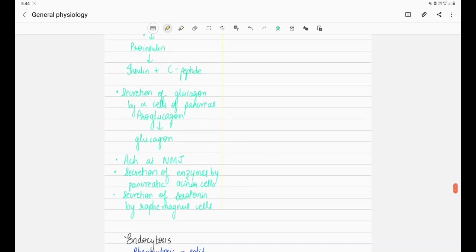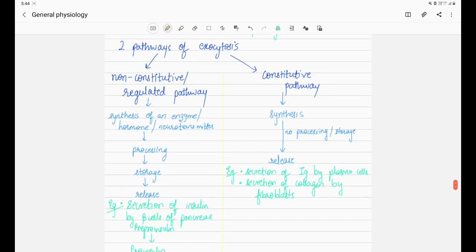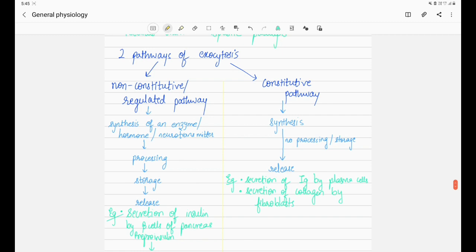Then there is acetylcholine at the NMJ or neuromuscular junction, secretion of enzymes by pancreatic acinar cells, and secretion of serotonin by Raphe magnus cells. In the constitutive pathway of exocytosis, the examples are secretion of immunoglobulins by plasma cells and secretion of collagen by fibroblasts.